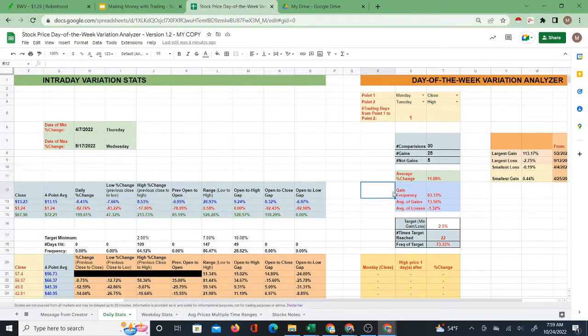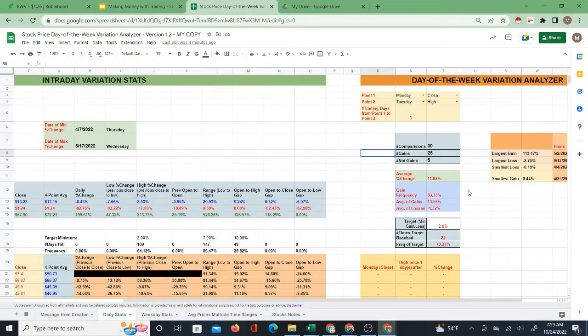The gain frequency, how often it actually made gains, 83% of the time. Okay, so 83%, that's a lot. That's a large amount of time, considering that we're looking at over 30 comparisons. I think that's 25 times out of 30.